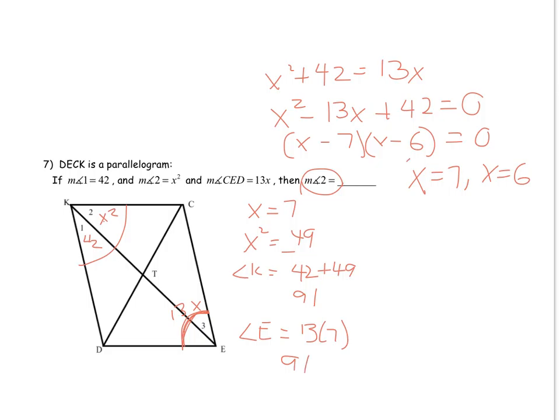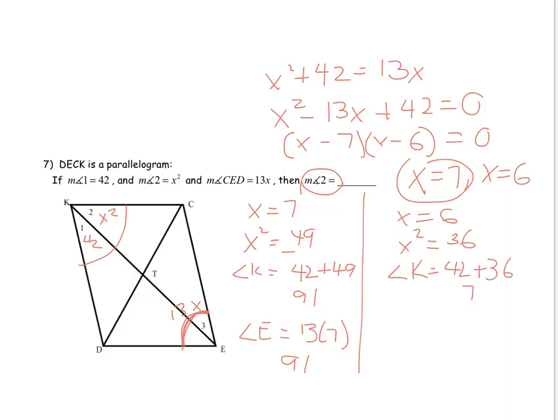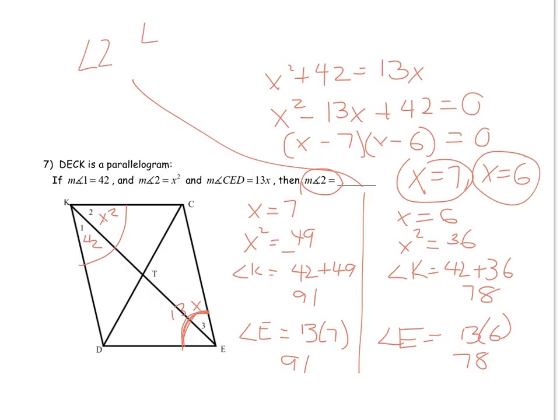So 7 works. Now let me test out 6. If x is 6, then x squared would be 36, and angle K would be 42 plus 36, which would be 78. And angle E would be 13 times 6, which is also 78. So it gives me 2 answers, and to answer their question, angle 2 could either be 49 or it could be 36.